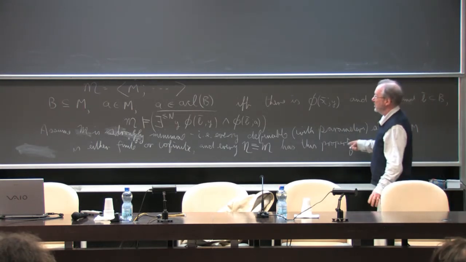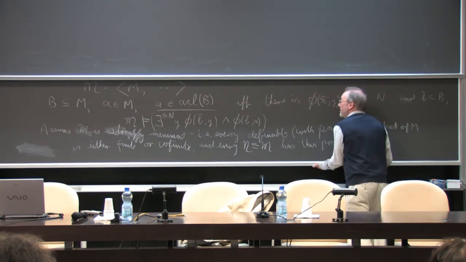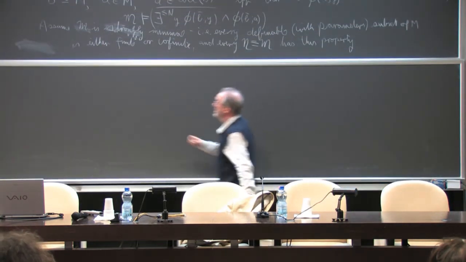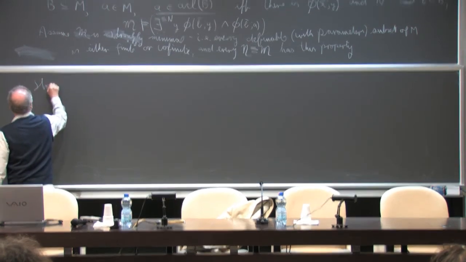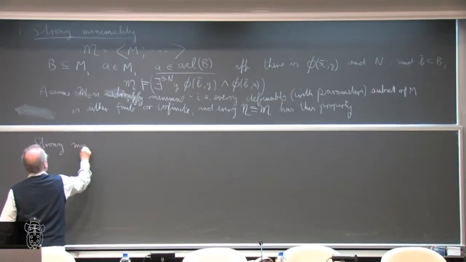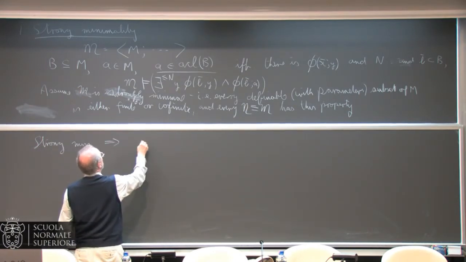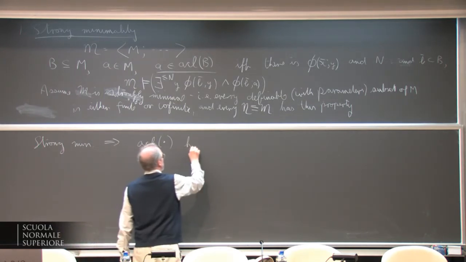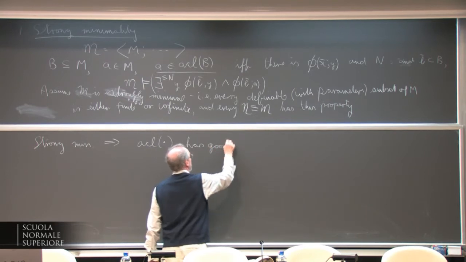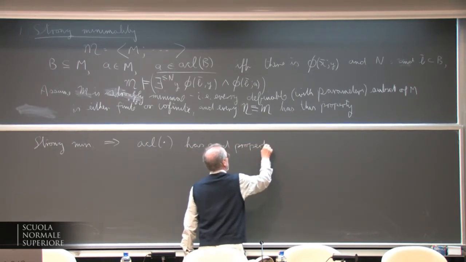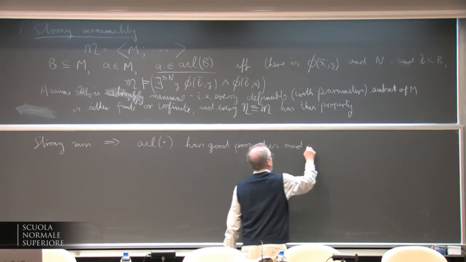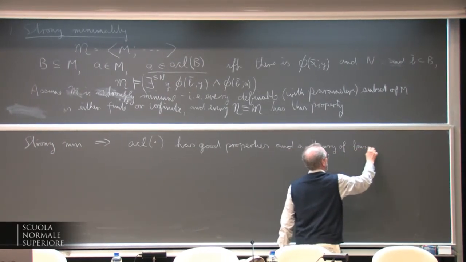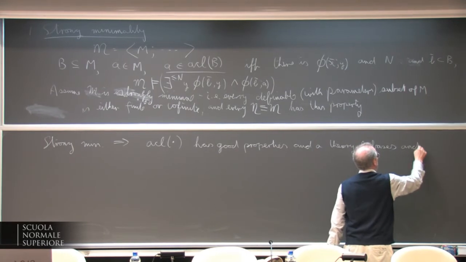And then if we make this assumption, strong minimality implies the operation here of algebraic closure has good properties, and a good theory of bases as maximal independent sets and dimension.